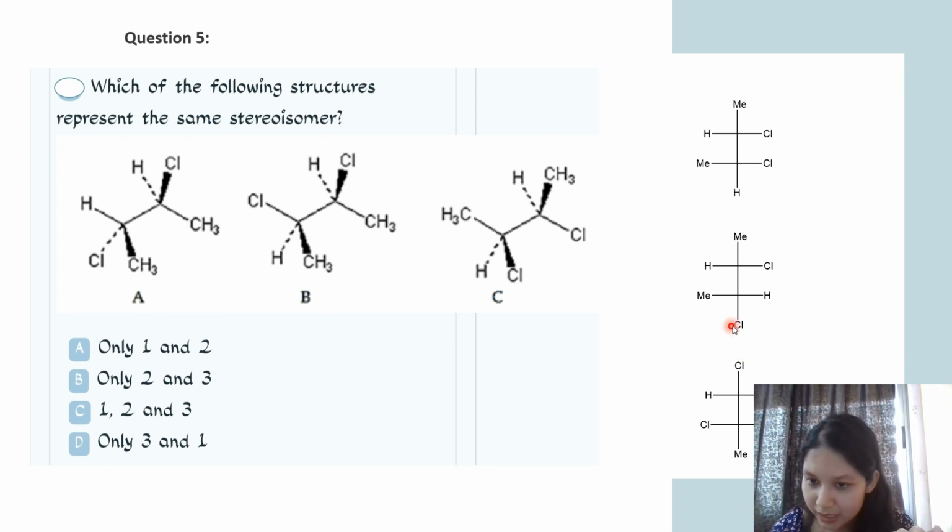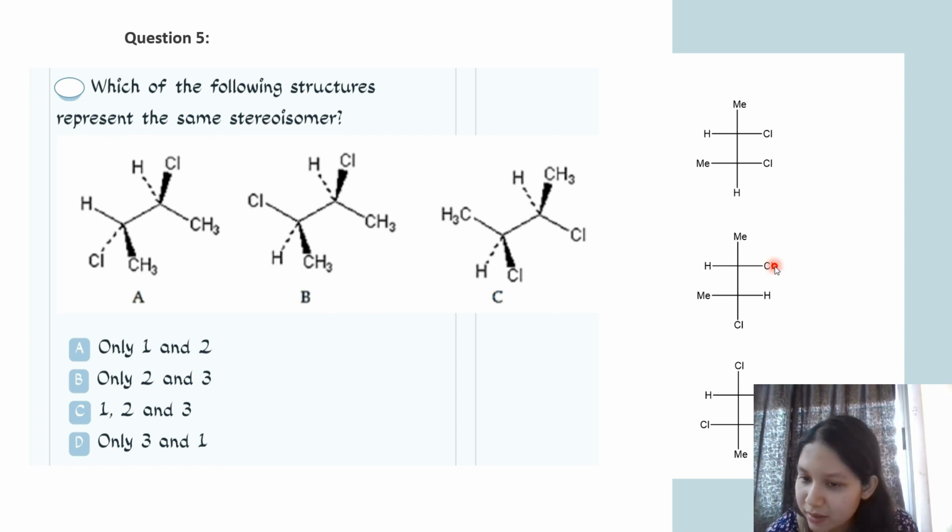Let us rotate this compound by 180 degrees through an axis passing through the red dot, which will be perpendicular to the plane of the compound. Then the upside methyl will come downside at the place of chlorine. The chlorine will go at the place of methyl, and then the other four substituents will also change their places. Like this hydrogen will now come here and this chlorine will now come here. This methyl will go now here.